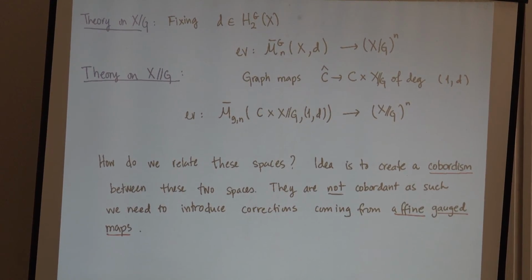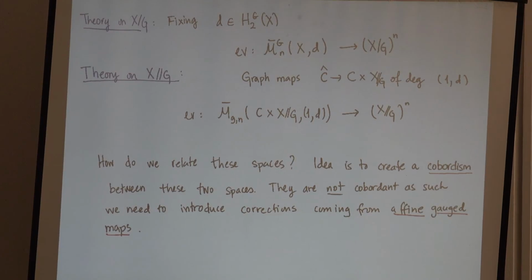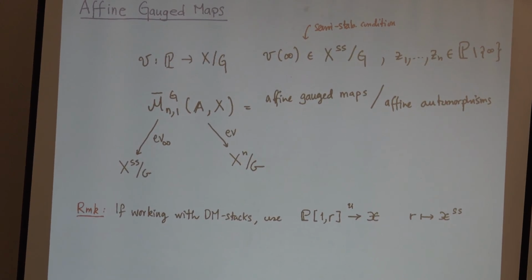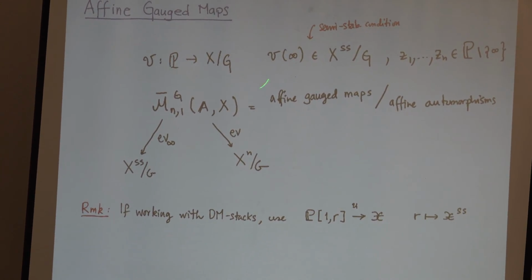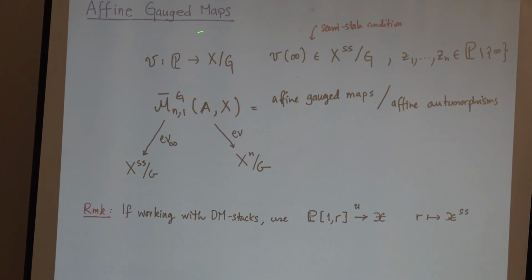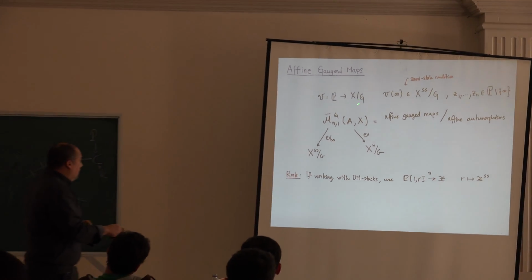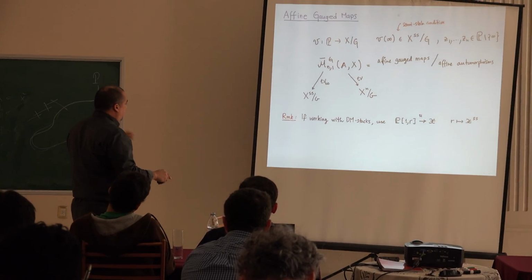So these affine gauge maps are essentially the geometric definition of what people call the mirror map in the Grünewald formalism of mirror symmetry. So this is exactly the type of geometric entities that are contributing to the quantum corrections of Grünewald formalism. So what are affine gauge maps? So they are going to be gauge maps that go from the projective space. So now I am assuming that my curve is just P^1. And then you can do it in general if you want.